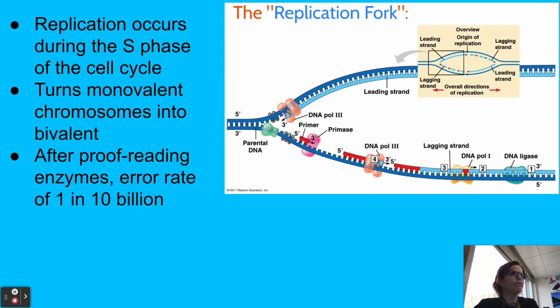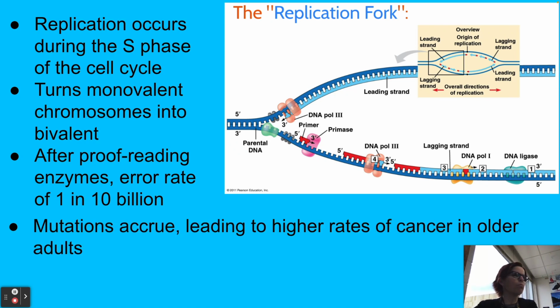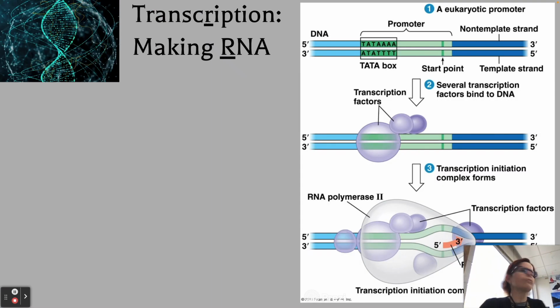But you have about 3 billion letters, so every few divisions you're accruing more and more mutations. And that's why cancer rates increase as we get older: we're adding more and more mutations that kind of slip by unnoticed.